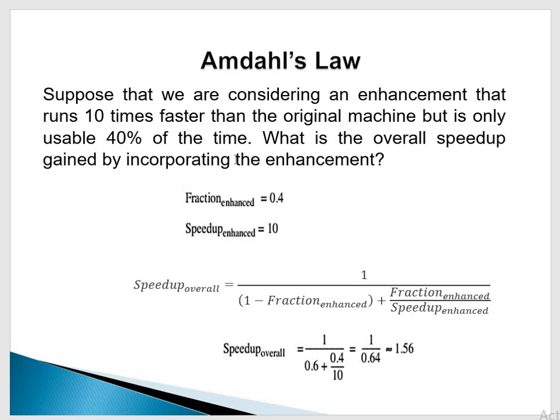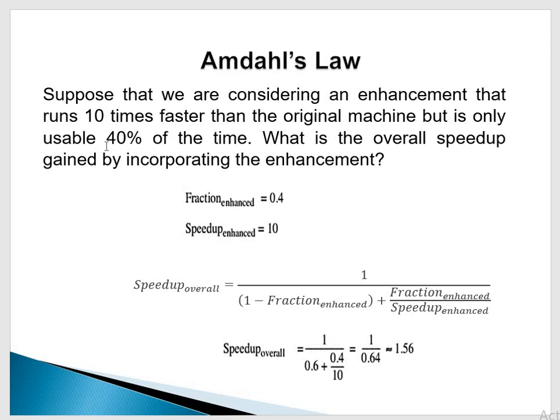So we will try to calculate what will be the overall speed up gained by the machine after incorporating the enhancement. As we can see, it is given that fraction enhanced will be equal to 0.4 because we have done the enhancement on the 40% portion of the total machine, either on the software model or on the hardware model. This is not given in this particular example, but we have done the improvement.